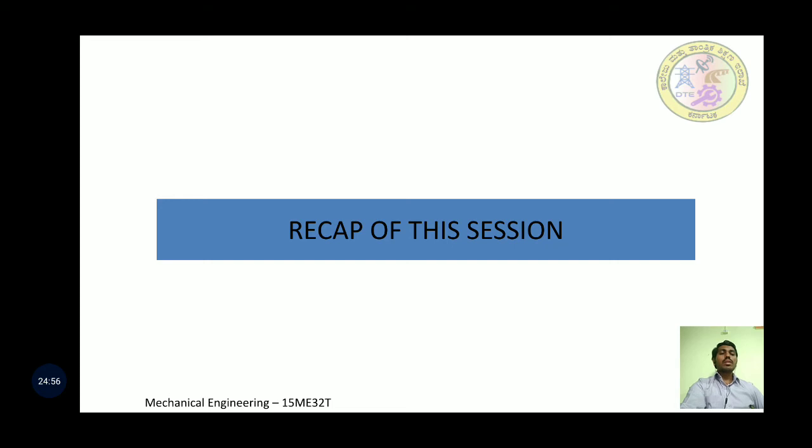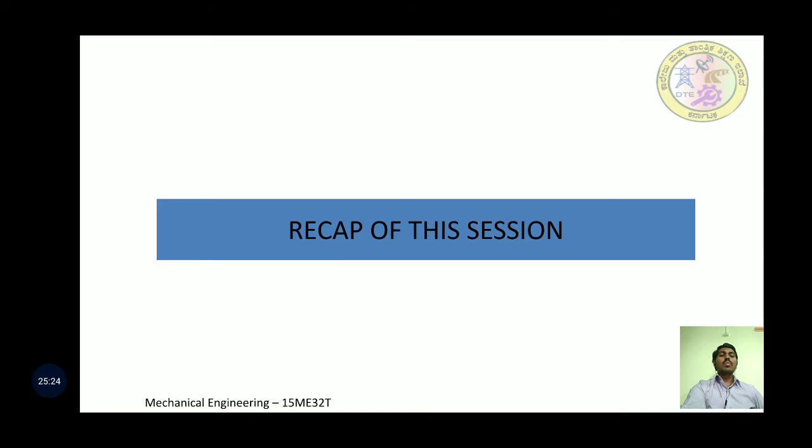Third classification, according to the type of closure: self-closed pair and force-closed pair. Self-closed pair, when two elements of a pair are connected together mechanically in such a way that only the required kind of relative motion occurs, it is known as a self-closed pair.